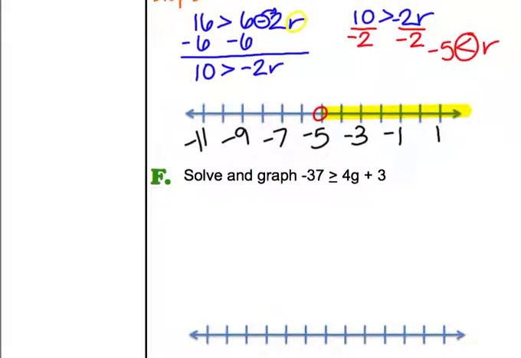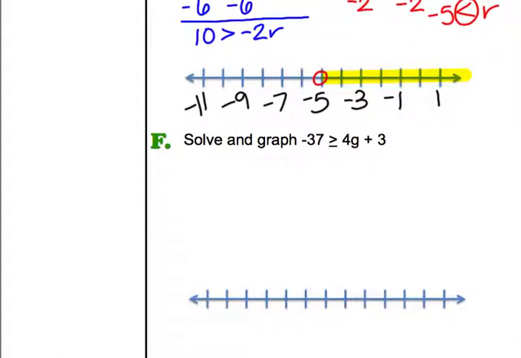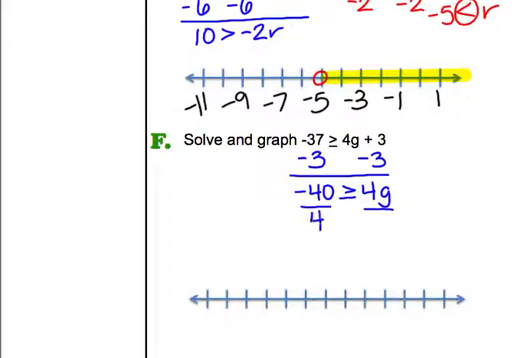We're going to solve and graph negative 37 is greater than or equal to 4g plus 3. So let's start off here. I'm going to subtract 3. This gives me negative 40 is greater than or equal to 4g. Then I'm going to divide by 4. Now here's where it gets tricky.